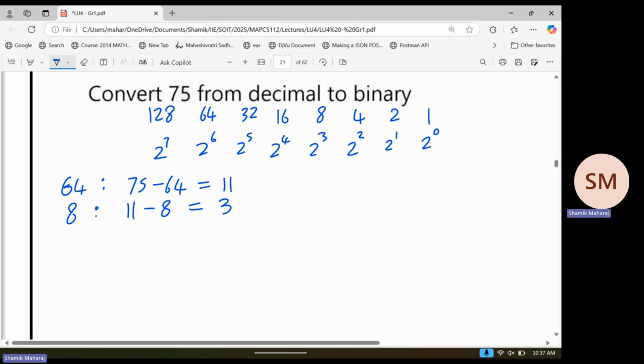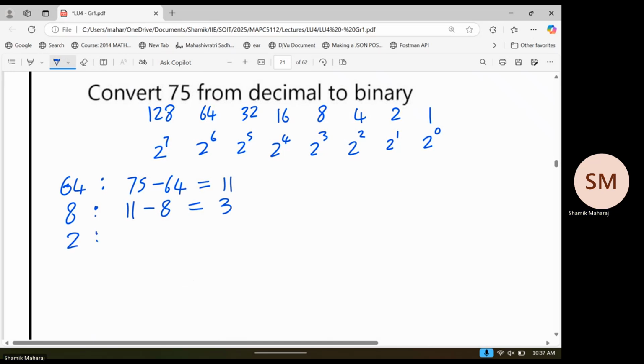It's 3, right? Okay. All right. And now we do the same thing again with our answer. The biggest number which is smaller than 3 is 2, right? It's 2. Yes, it is 2. Okay. So I will list the 2 on this side and take 3 minus 2, which gives me 1.